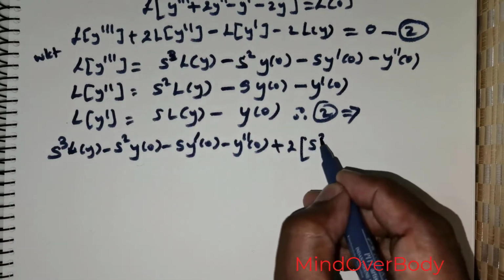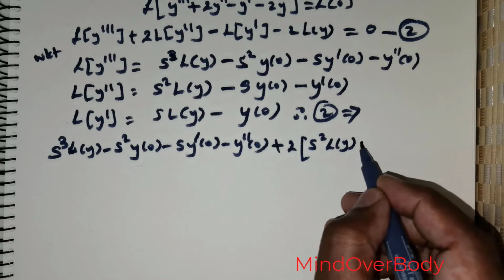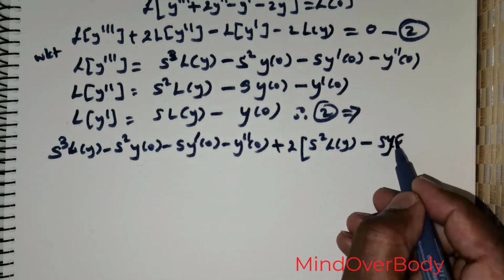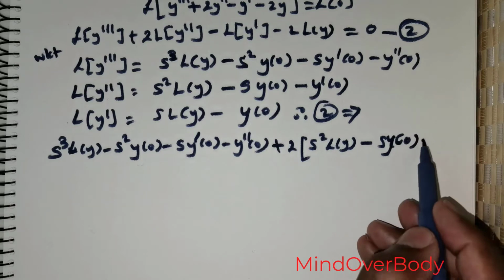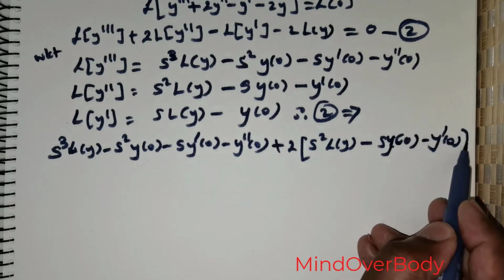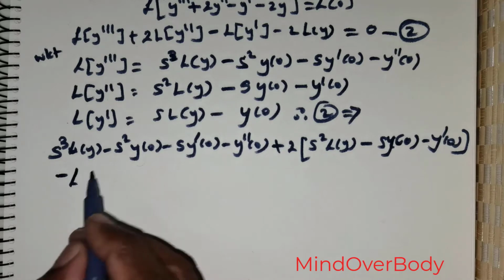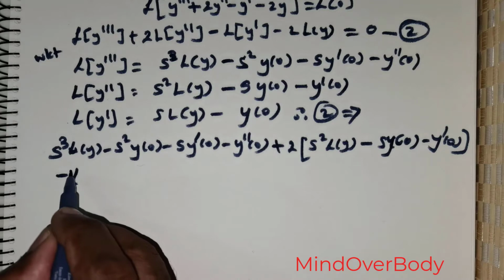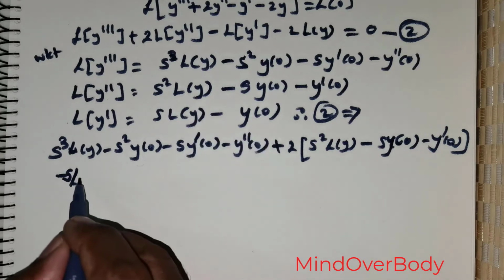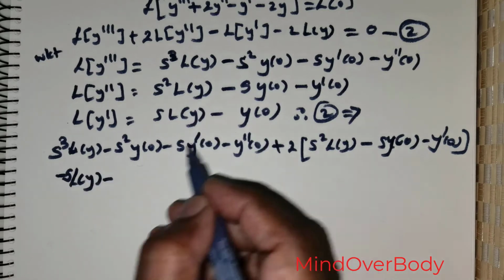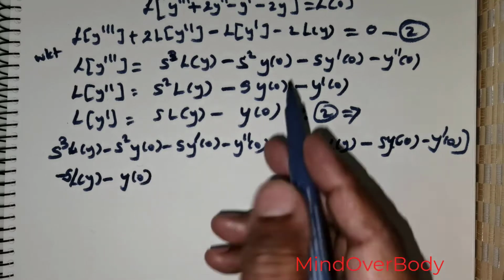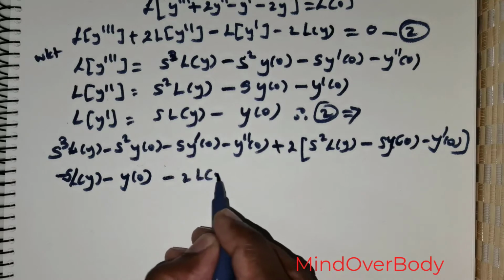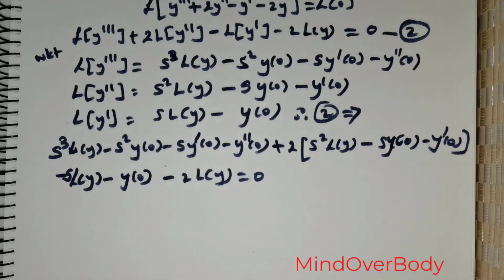So this is going to be s squared L of y negative s y of 0 negative y dash of 0, followed by negative L of y dash. L of y dash is s times L of y negative y of 0, so followed by negative 2 times L of y is equal to 0.